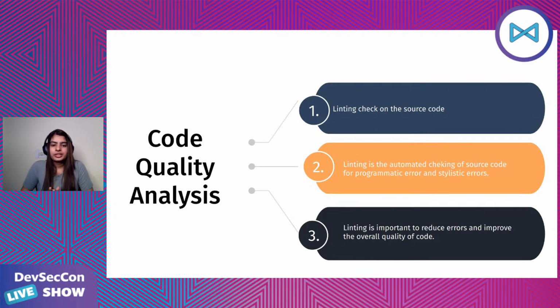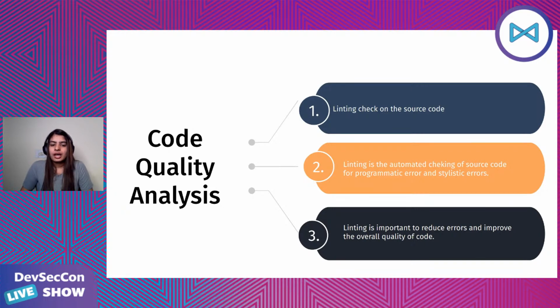This is done by using a linting tool. A lint tool is like a basic static code analyzer, and linting is important to reduce the errors and improve the overall quality of the code. Using lint tools can help accelerate development and reduce cost by finding errors earlier in the stage.